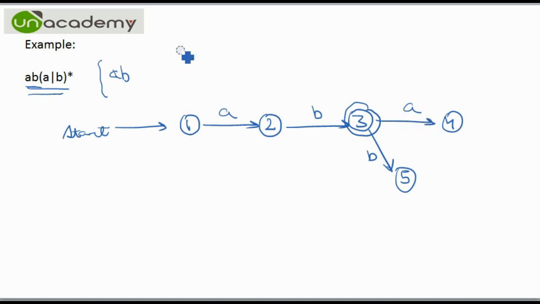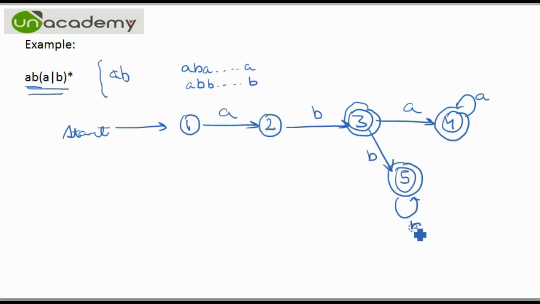It might happen that an input is of the format of repetitive A's after AB, so this is an accepting state. It might also happen that it is a string of repetitive B's after AB, so this is also an accepting state. And similarly, on input A and input B, the states will change like this.